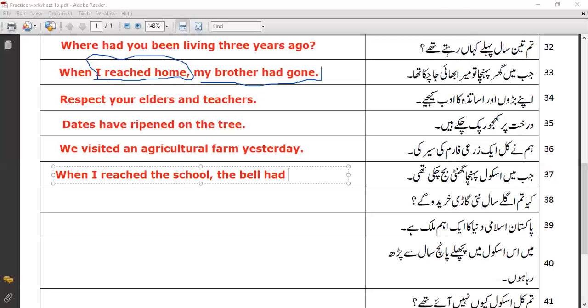When a bell had rung, you say bell has gone, or a bell had gone. The bell had gone. The proper word, if you translate it, is the bell had rung. But basically, when the bell rings, you say, oh, the bell has gone. Okay, so here you will say, when I reached the school, the bell had gone.